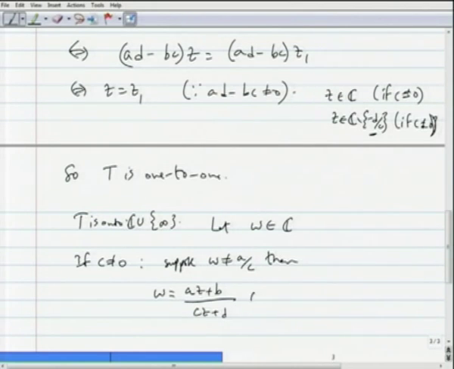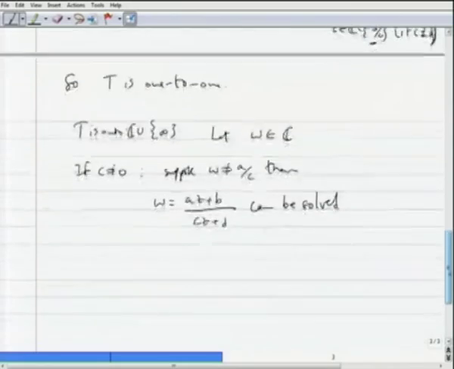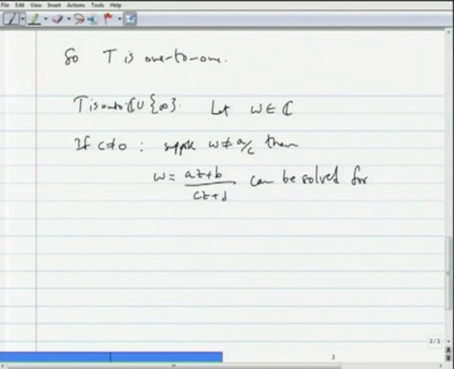This can be solved for Z. What we get is Z is equal to B minus d W. Multiplying it out and factoring out a Z, we get Z is B minus d W divided by W C minus A, and we have assumed that W is not A by C. In this event, Z is this particular number.